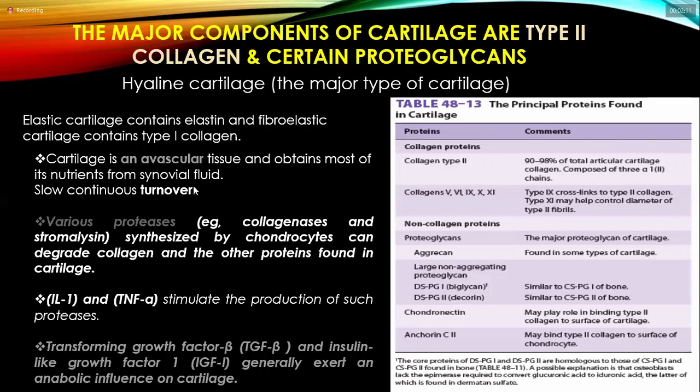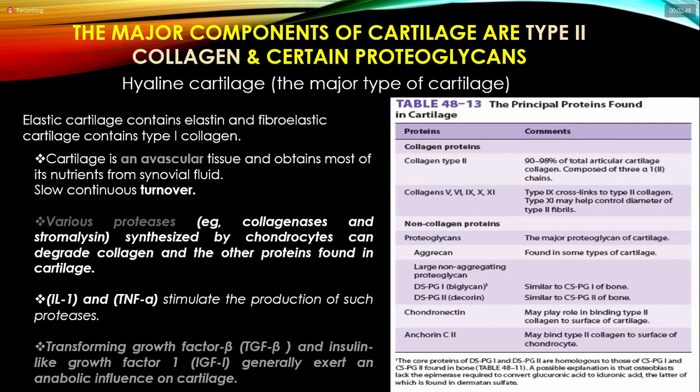It means that the blood vessels are not going through the tissue itself, and it will get its nutrients from the surrounding fluid, known as synovial fluid. The cartilage can be destroyed, as a matter of a physiological process or pathological process, by certain proteases, specifically known as collagenases, as well as the action of the stromelysin enzyme that has the same function as the collagenases in order to destroy the collagen.